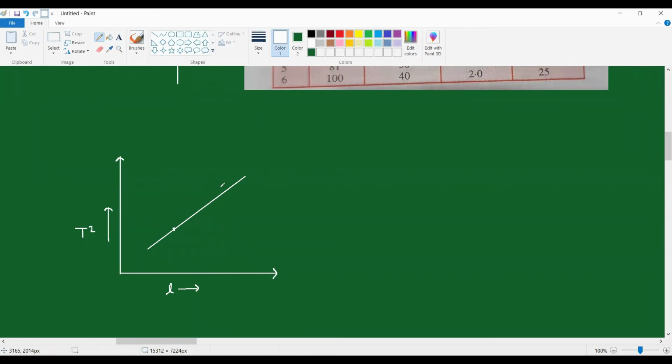Suppose these are any two positions P and Q. Suppose for this length L1, the square of the time period is T1 square.